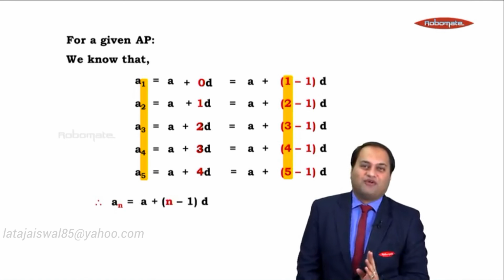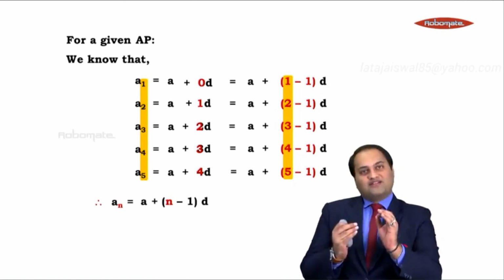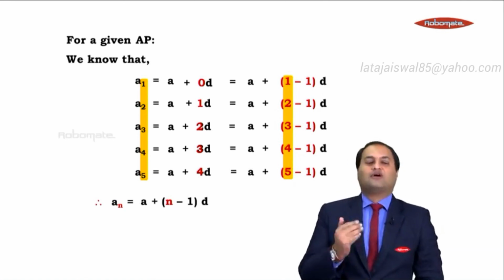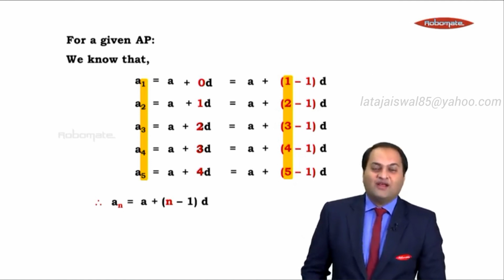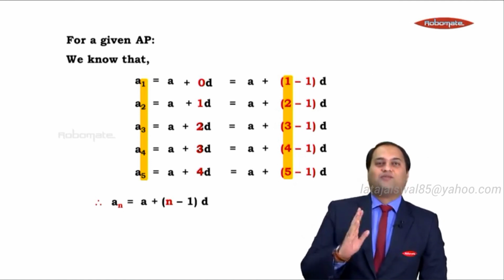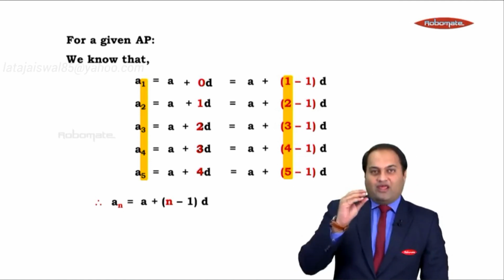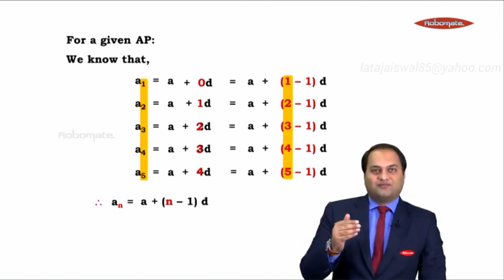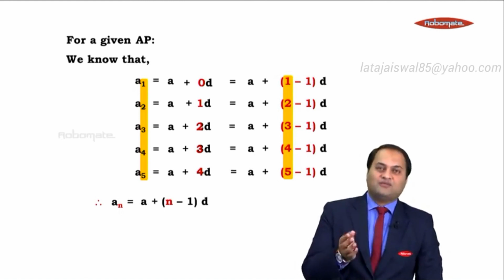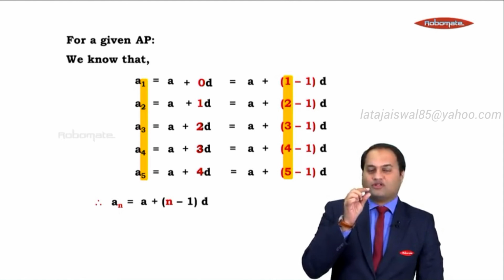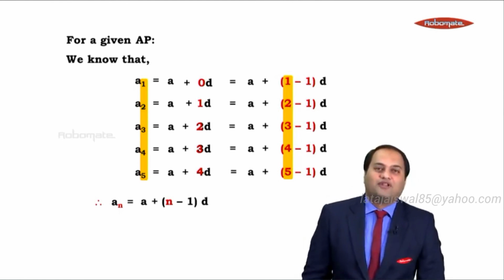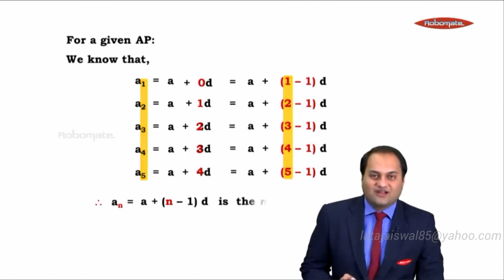Is this concept very, very clear? And this is the formula of the general term, that is AN. So AN is equal to A plus n minus 1 into D, where AN represents the nth term, A represents the first term, n is the term number or the position, and D is nothing but the common difference. Is this thing clear?